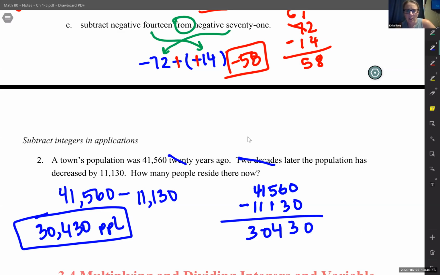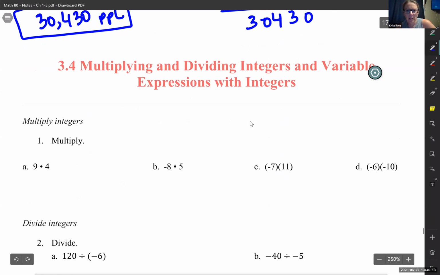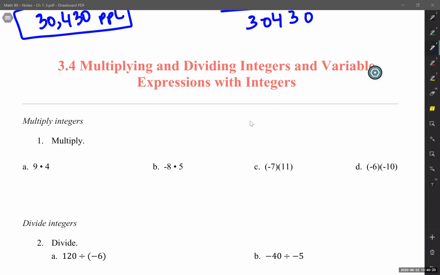So we have 3.4, multiplying and dividing integers, and then also variable expressions with integers. To multiply and divide, I hinted at this in the last video, but I didn't give you a formal explanation. This is the same for multiplication and division.